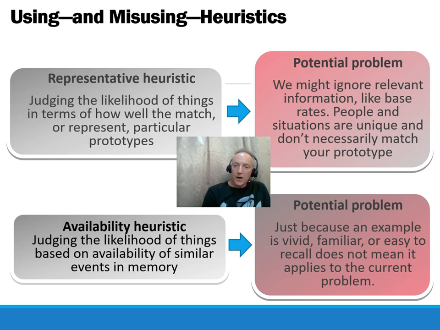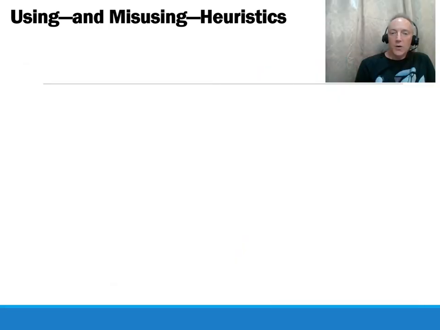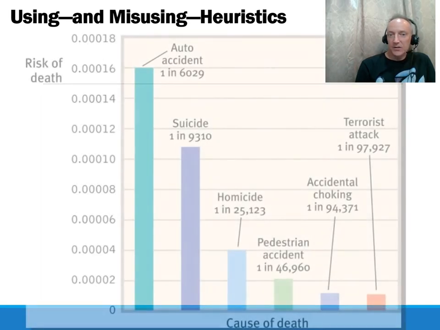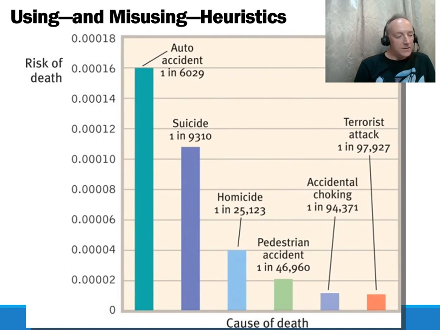The biggest problem is just because you can think of a vivid example does not mean it's necessarily the right thing that applies to this current situation. So when we rely solely on heuristics, we can make some errors.